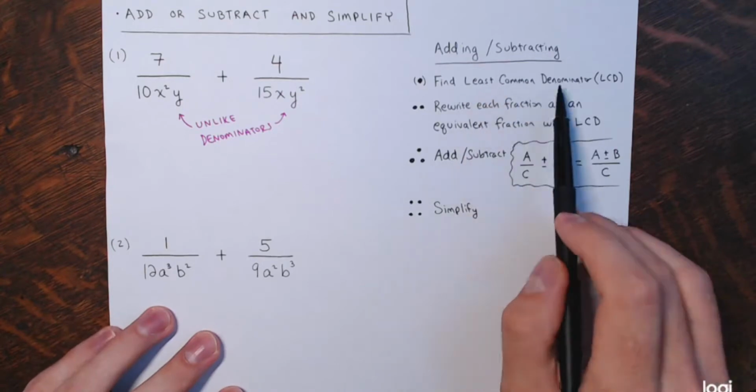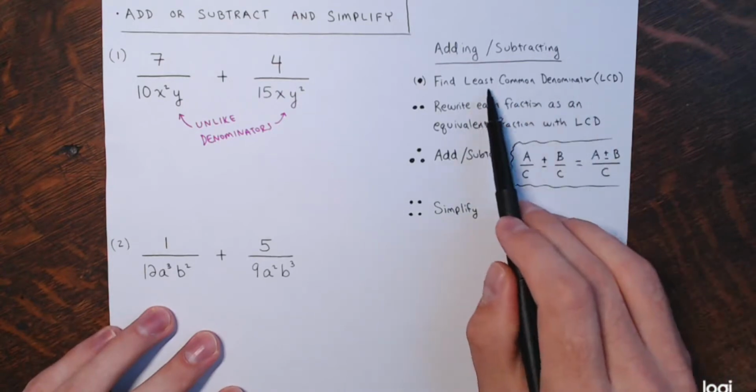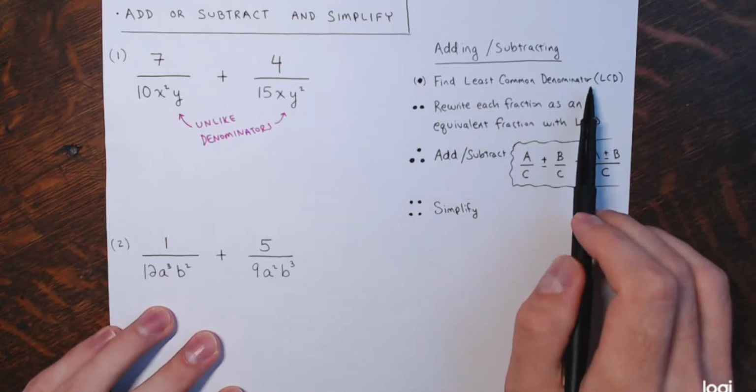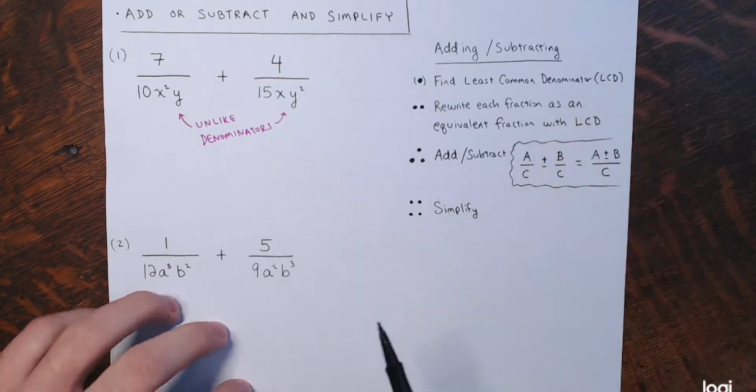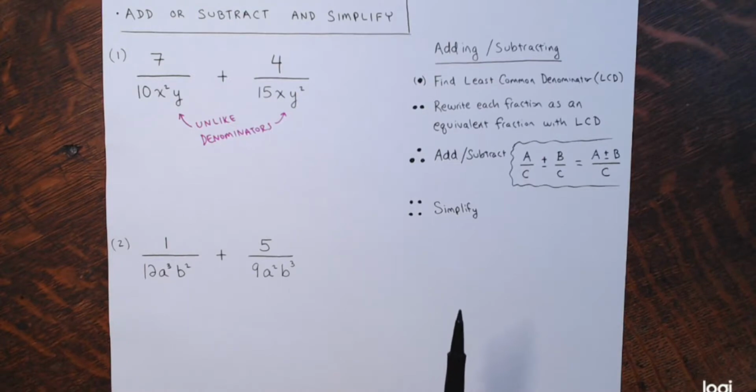And also that you've seen my previous video on finding the least common denominator, or you've read yourself how to find the least common denominator of the denominators of multiple fractions.